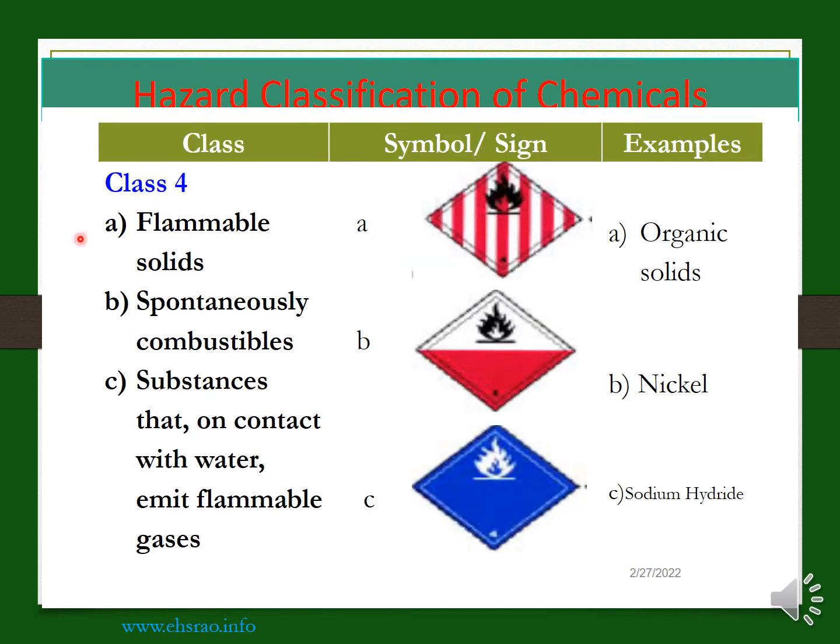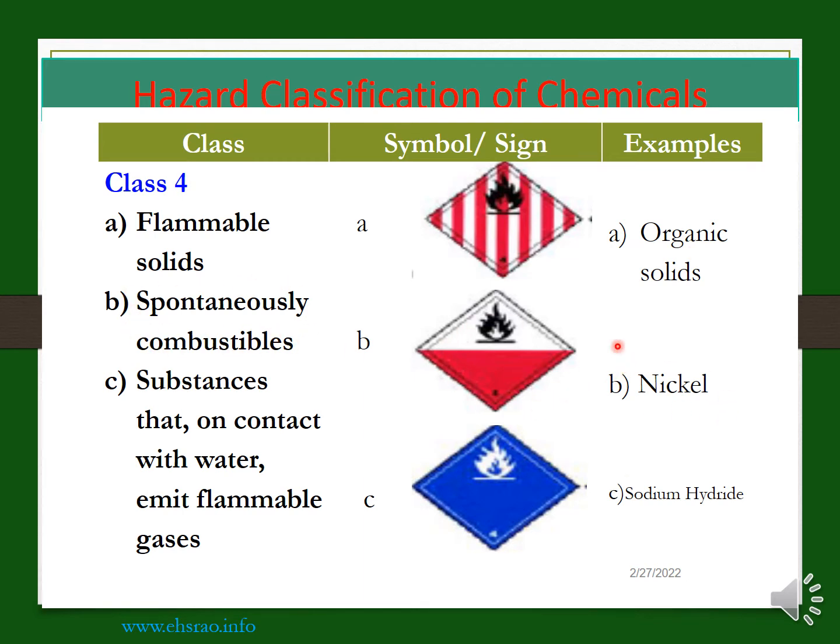And coming to class 4, flammable solids. In this, A is flammable solids, which are all the organic solids. B is spontaneously combustible substances, like nickel.